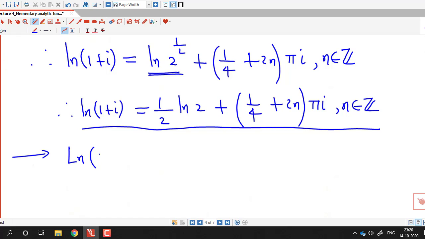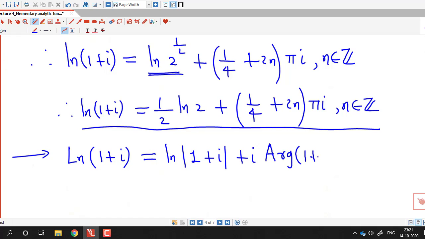So the principal logarithm of 1 plus i is equal to log of the absolute value of 1 plus i, plus i times the principal argument of 1 plus i. The absolute value we had found is root 2, and the angle is pi by 4.